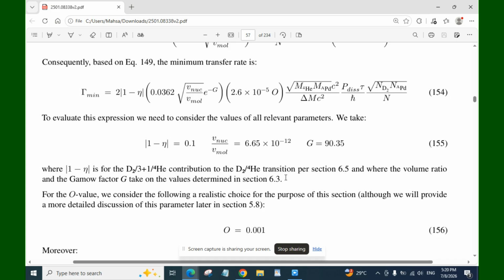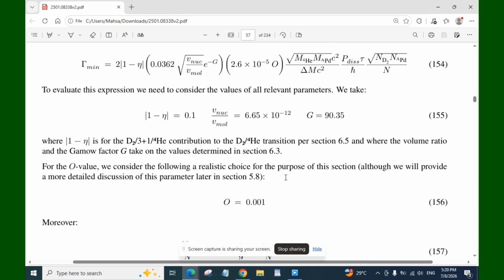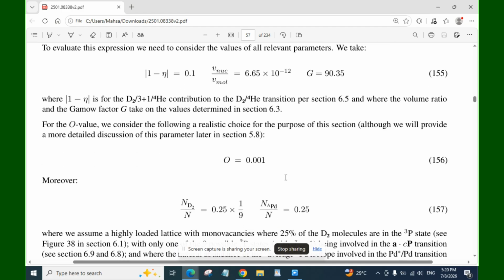We take absolute 1 minus eta is equal to 0.1, and nu nuclear divided by nu molar is equal to 6.65 multiplied by 10 to the power of minus 12. G is equal to 90.35, where absolute 1 minus eta is for the deuterium 3 plus 1 helium 4 contribution to the deuterium helium 4 transition per section 6.5, and where the volume ratio and the gamma factor G take on the values determined in section 3.6.